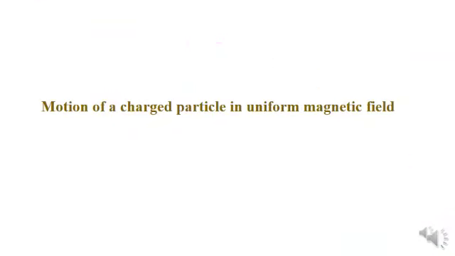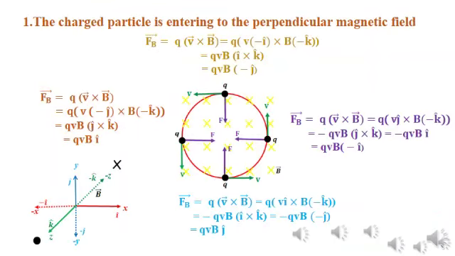Motion of a charged particle in a uniform magnetic field. Consider coordinates x, y, and z as shown in the figure. Let i cap, j cap, and k cap be the corresponding unit vectors.